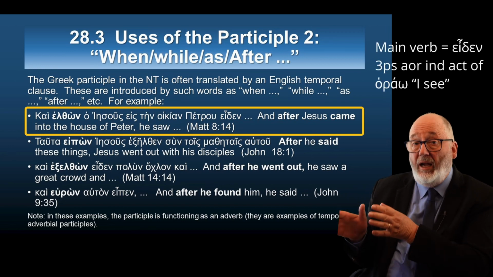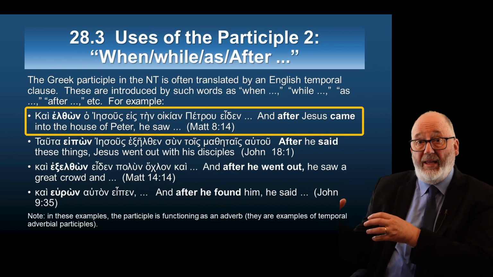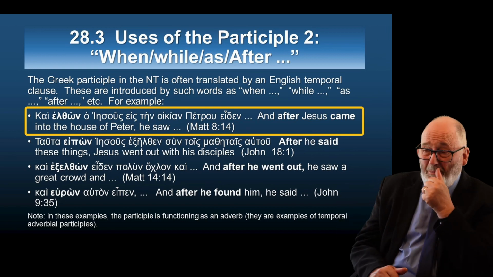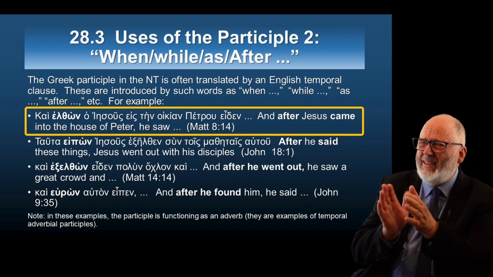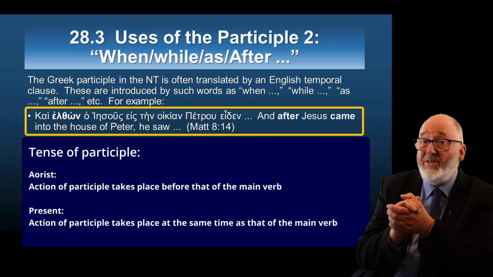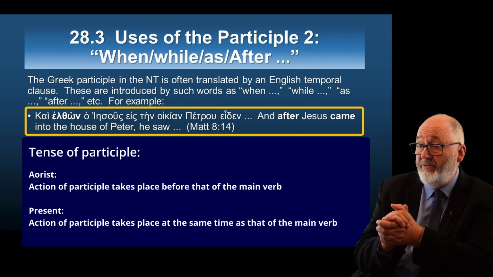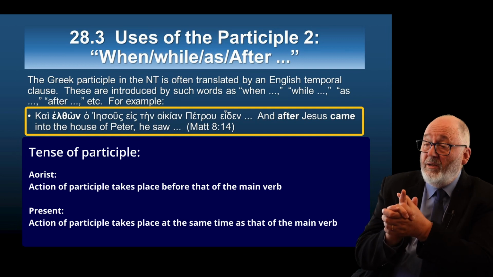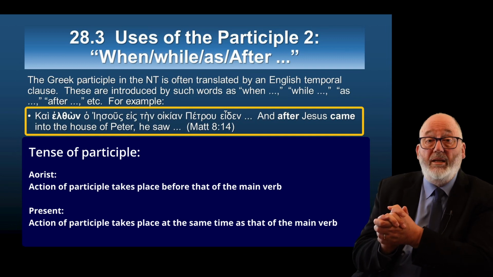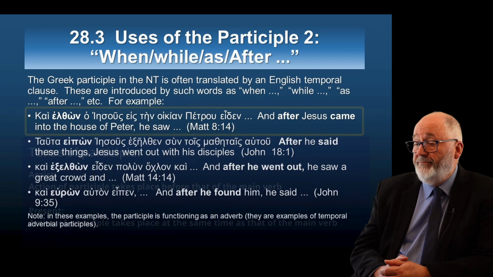The verb is eiden, and the participle is about that. Well, it's probably not when, but after, right? He'd done this first, and it is in the aorist tense, and the aorist tense is usually about something that happens before the action of the main verb. So, and after Jesus entered the house of Peter, he saw, and the story goes on.